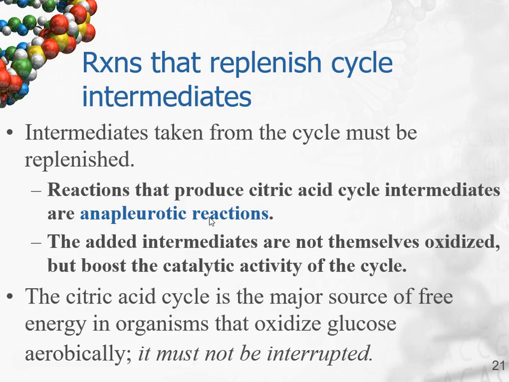So if you take something out, you got to put it back. So reactions that produce any of the citric acid cycle intermediates are called anaplerotic reactions. So that just means to fill up. So basically, if you take things out of the cycle, you got to fill it back up. So those intermediates are not themselves oxidized. Remember, it's the acetyl-CoA that's oxidized, but their function is to boost the catalytic activity of the cycle.